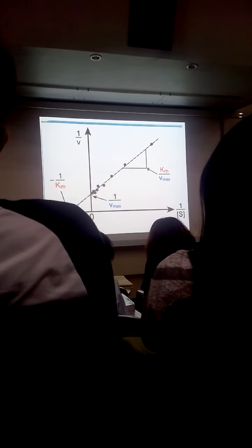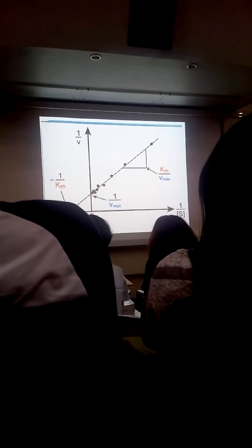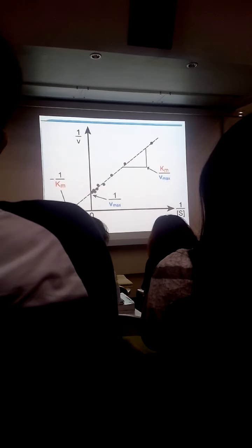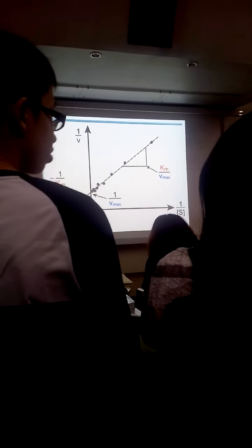Addition of substrate in that type of inhibition will only worsen the inhibition. Your Km will decrease as well as your Vmax. So the line will shift to the left, parallel to your original line.